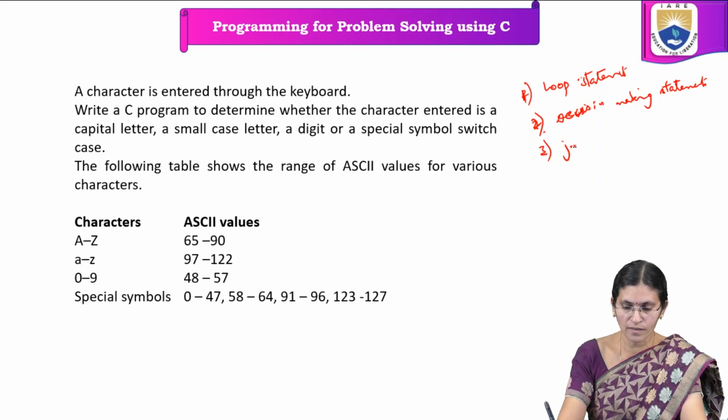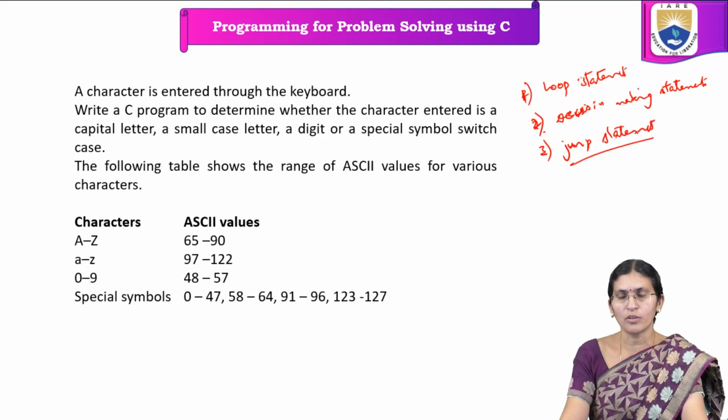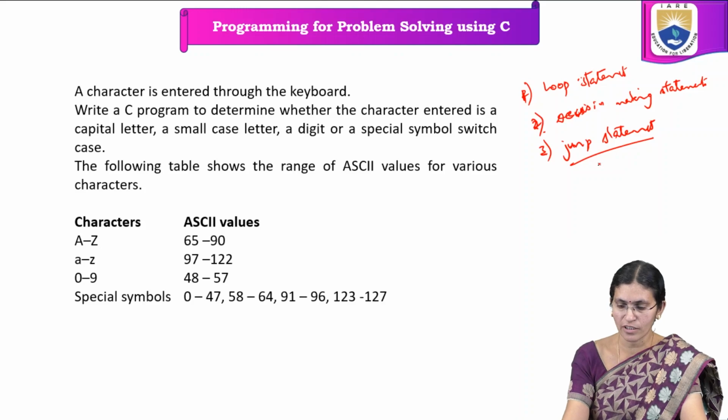And the third, last one is jump statements. So in the category of control statements, we have these three different statements: looping statements, decision making statements, and lastly the jump statements. We are going to discuss the programs based on these different statements.